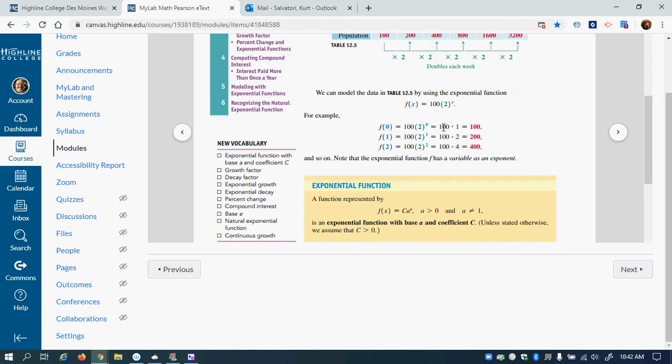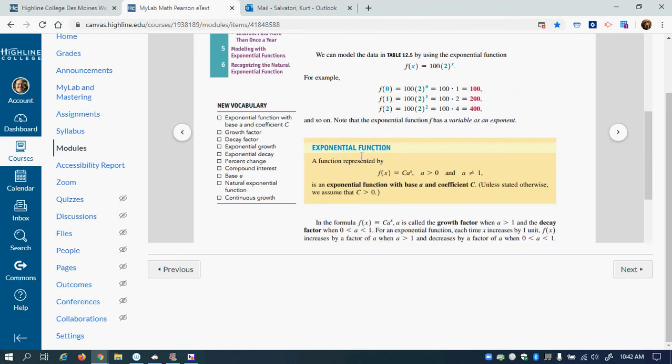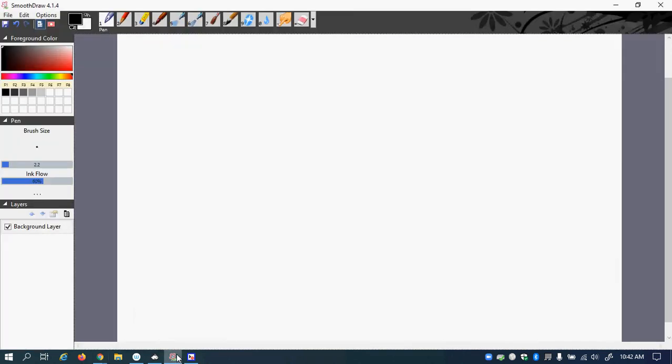So here is the general form for the exponential function. Let's write this all down. Let's go back to my drawing board.